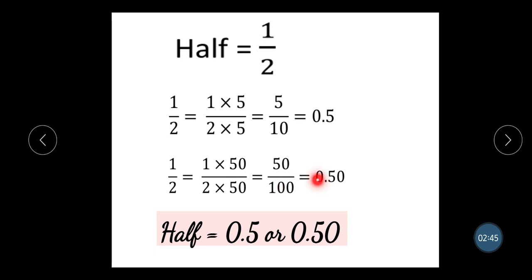So, you will get 0.50. How are you getting this, children? 50 we will write as it is. In 100, there are two zeros. So, from behind you will put two decimal points. So, you will get 0.50. So, dear children, half, that is 1 upon 2, in decimal form is written as 0.5, or you can simply say 0.50. Both are correct.